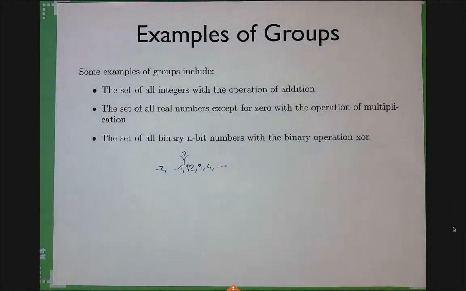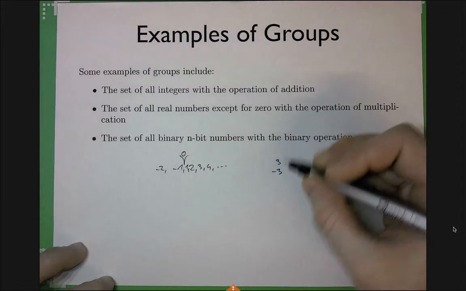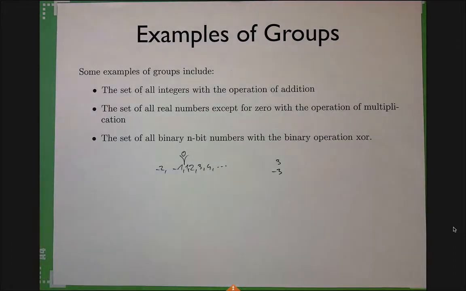I'm doing lots of mistakes today. And what is the inverse in this group? Yeah, just negating the number, right? If I have number 3, then I take minus 3, and adding them gives me my 0. So that's a perfectly valid example of a group. In this special case, it's an abelian group, so I actually have commutativity.